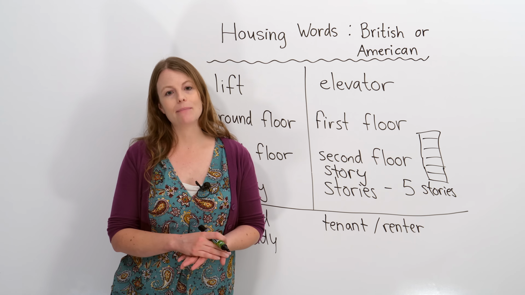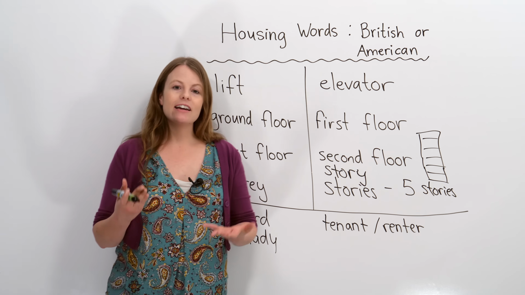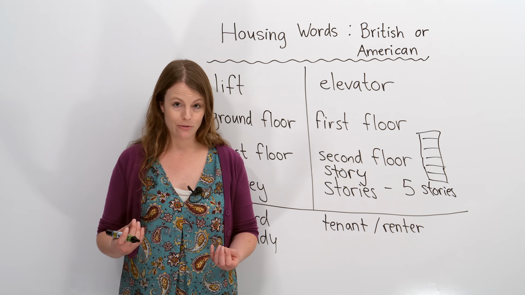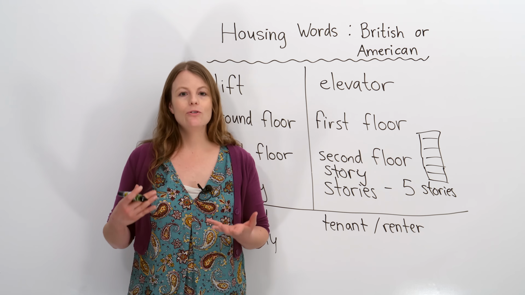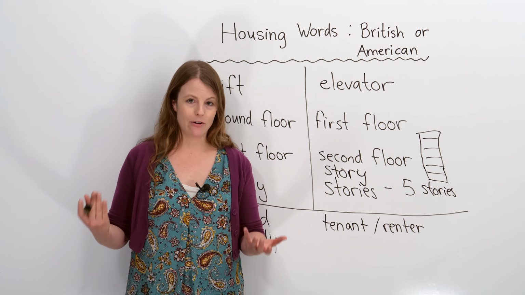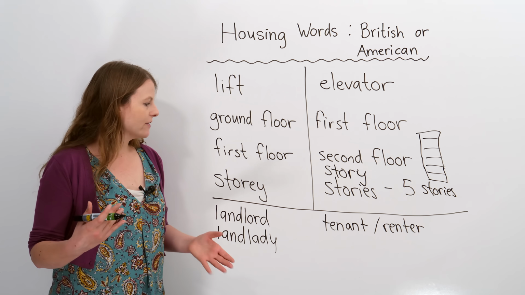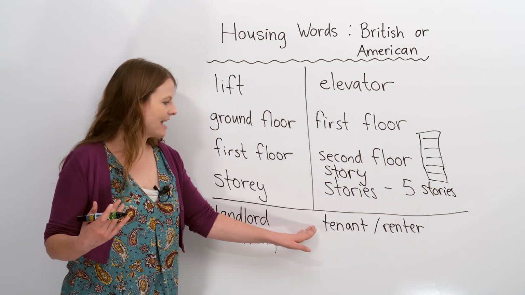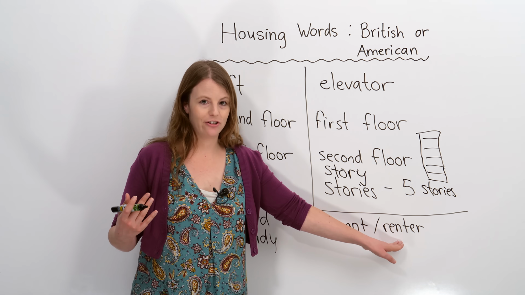Now let's talk about a couple similarities. There are 3 very important housing words you should know, especially if you don't own a house. Those words are landlord, landlady, tenant, and renter.